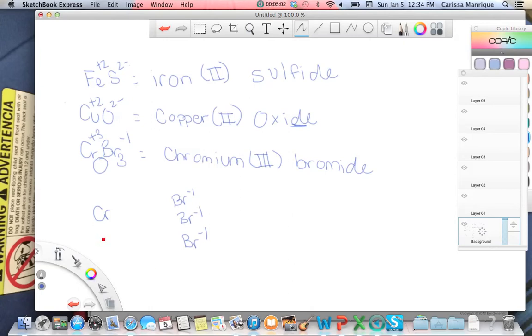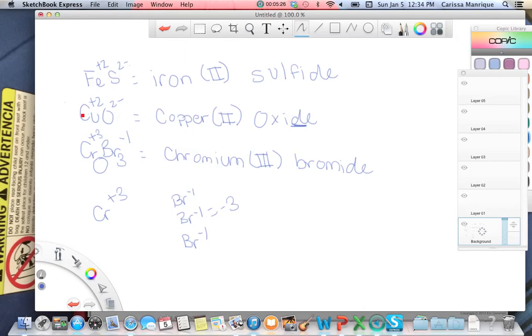So I know for sure there's only one chromium because that's what it said. It doesn't have a 2 right here or a 4. It says 1. Okay? So if I add up all of these charges here, -1 plus -1 plus -1, this equals -3. So what charge does this need to have to neutralize a -3? A +3. Okay, so that's how I know chromium is a +3.